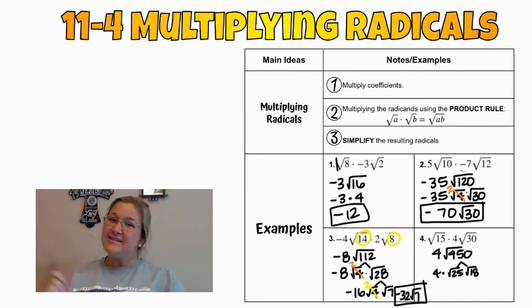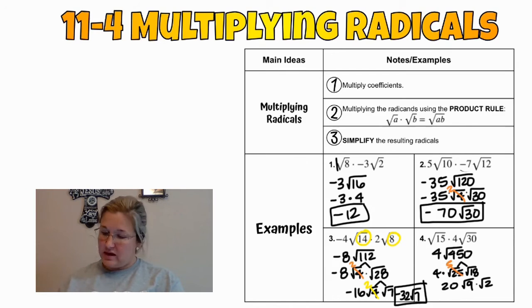Now, 18 still has a perfect square, so 25 goes to 5, so I'm going to have 20 square root of 9 times the square root of 2. 18 can be written like this. Then I'll take the perfect square of 9, which is 3. So I'd have 20 times 3, which is going to be 60, square root of 2. So the 2 stays. Again, sometimes it's easier working with those smaller numbers.